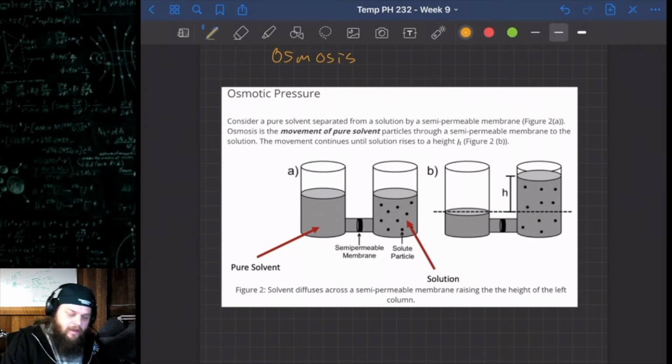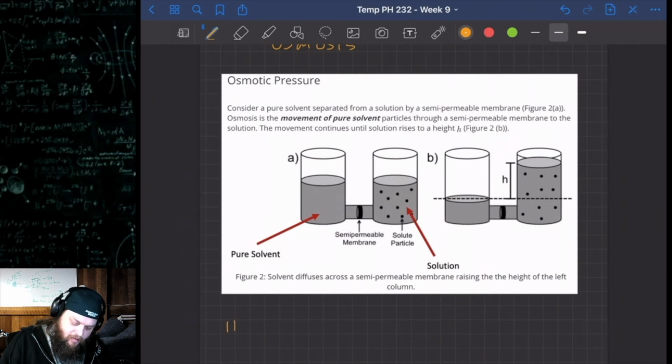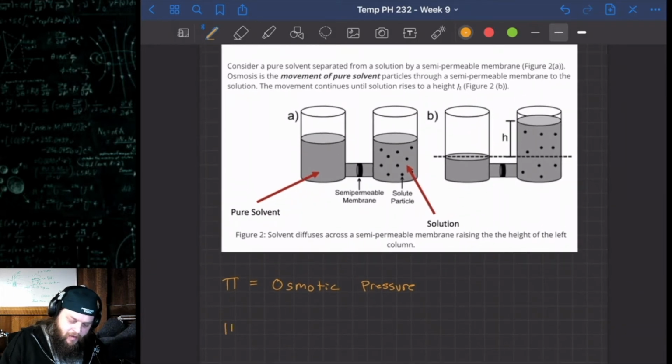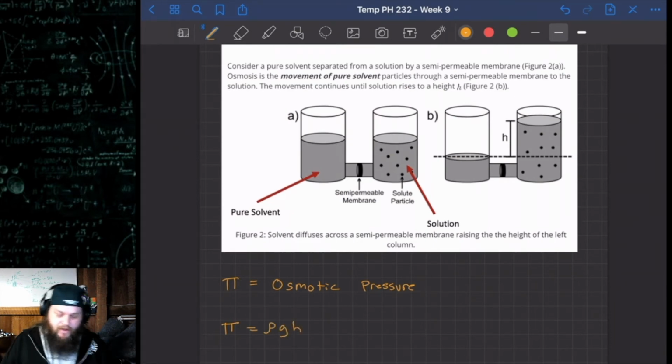But we can calculate the osmotic pressure using, here's a symbol, it's kind of a capital pi, just to be fun. That stands for osmotic pressure. And that capital pi, osmotic pressure, I have to do a straight bar, is equal to the density times gravity times the height. Excuse me.